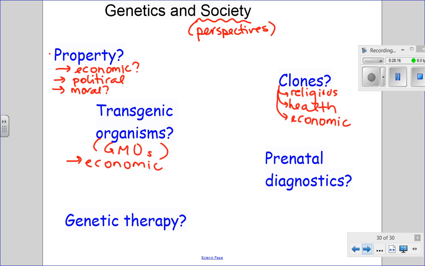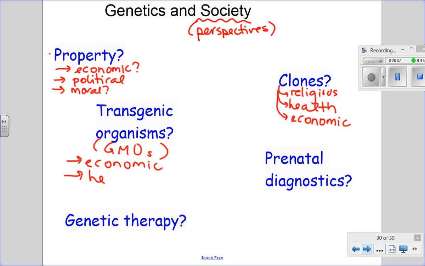Some things that have been done, for example, is there's a type of wheat that has been synthesized that is resistant to a herbicide. So you could spray the field with something that will kill weeds, but not kill the wheat that you are trying to grow. That's very economically advantageous for the people who are growing the wheat.